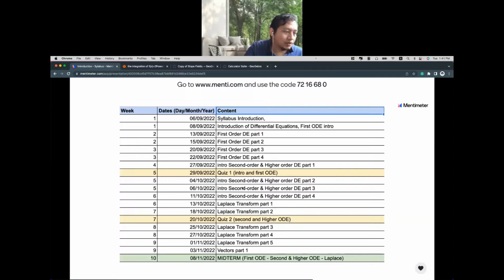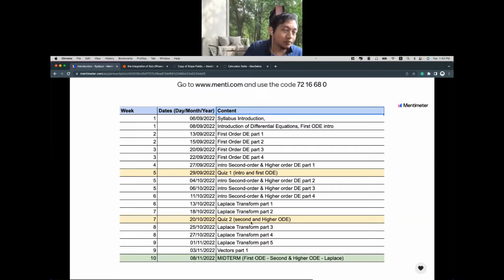That's for the quiz. And then we have the Laplace transformations. It's quite a lot, the Laplace part. So I need at least five classes to teach Laplace. Basic Laplace is just normal integration with some rules in the integrations.